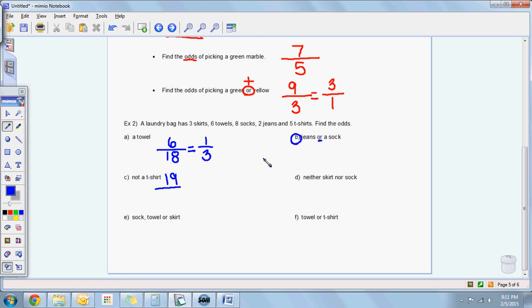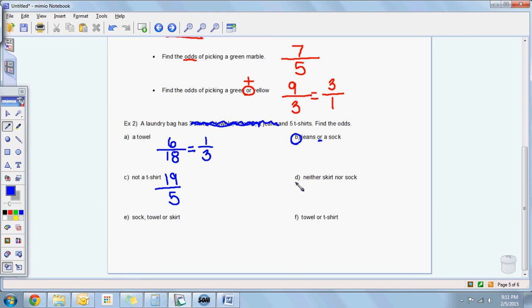That's going to go on top. Then everything that is a t-shirt, we can cross all these off, it's going to go on the bottom. And that's your odds. Always simplify. We can't simplify this, so you can leave it just like that.